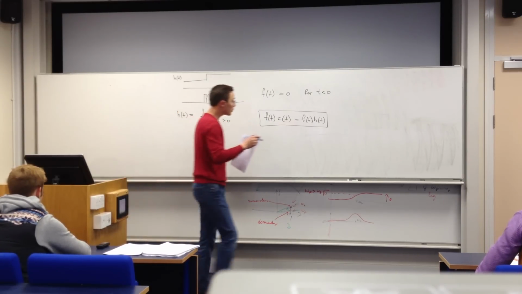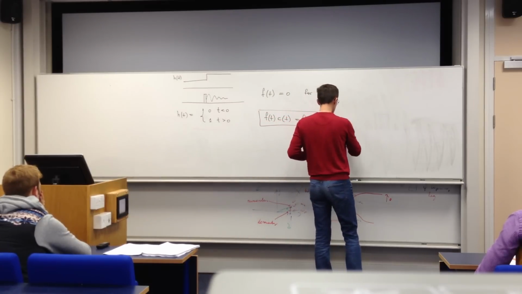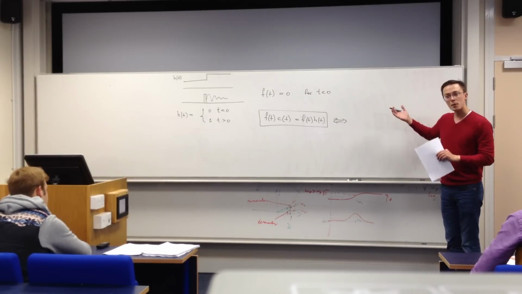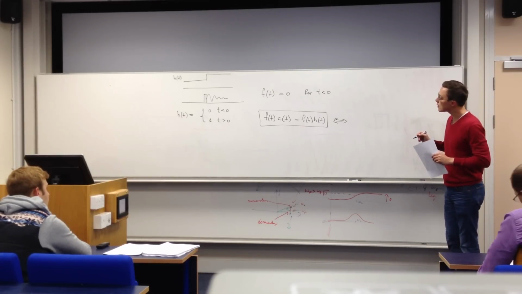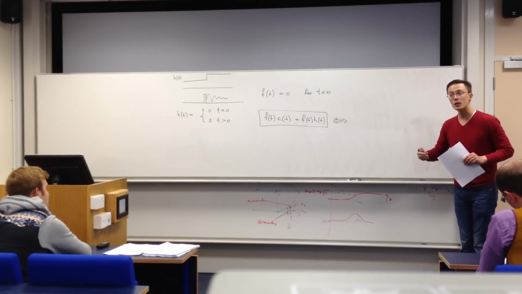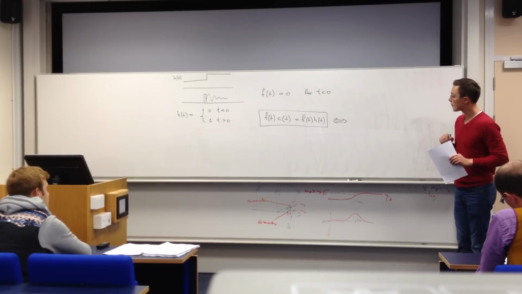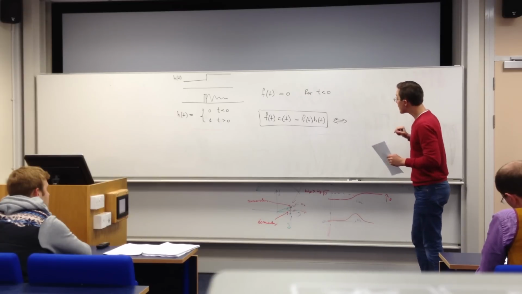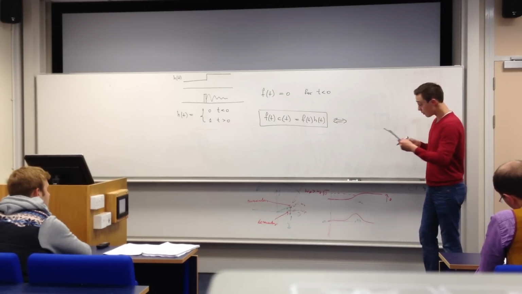But we know that there is a correspondence between the time domain and the frequency domain, and you remember from the previous lecture I demonstrated to you that multiplication in the time domain is equivalent to convolution in the frequency domain. And so if we take Fourier transforms of this, they must instead be related by convolution.